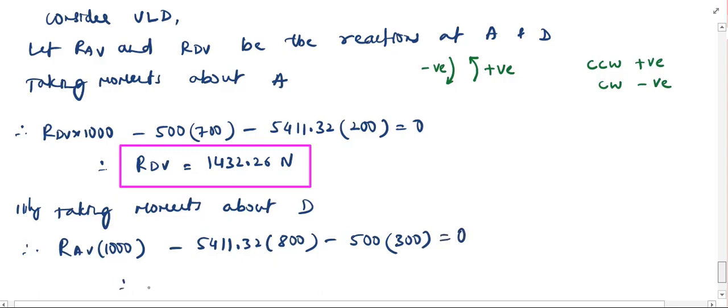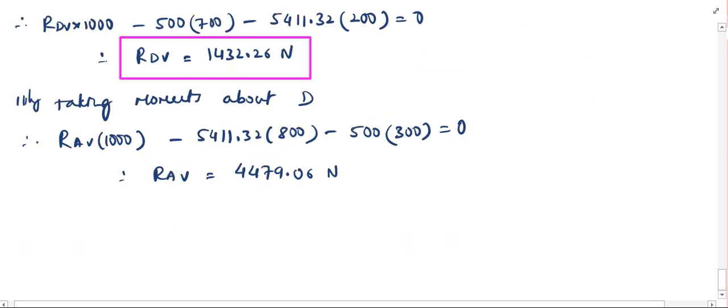So therefore the RAV value is 4479.06 newtons. Now consider the HLD.